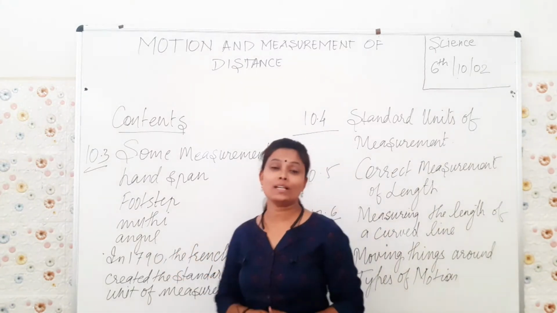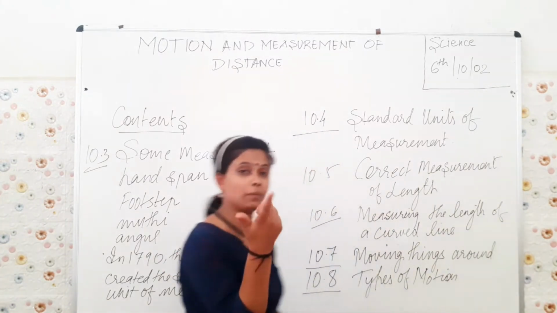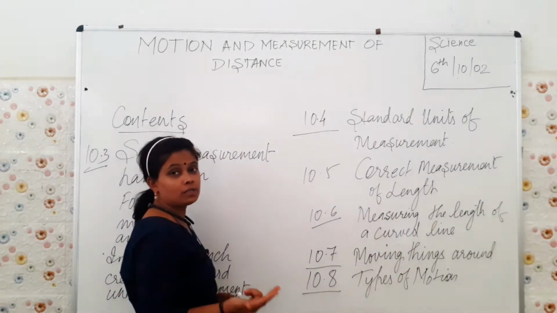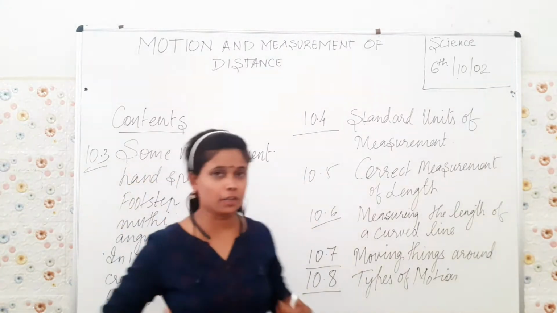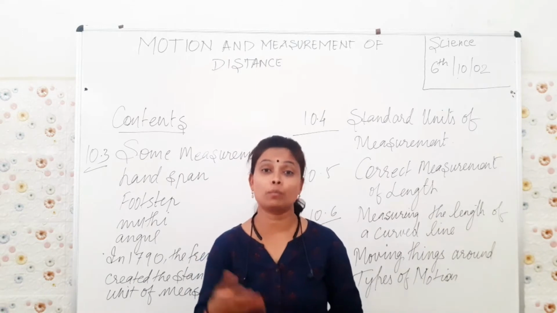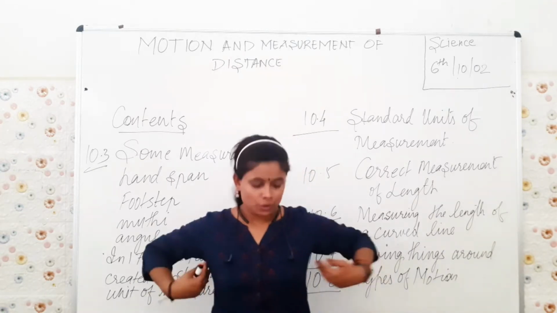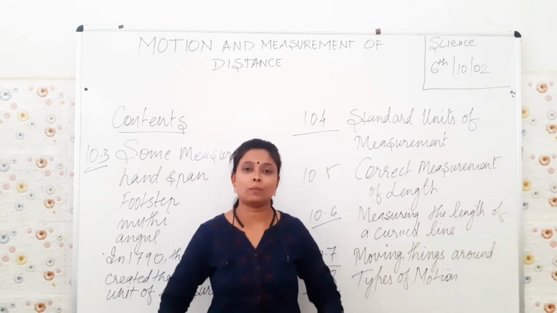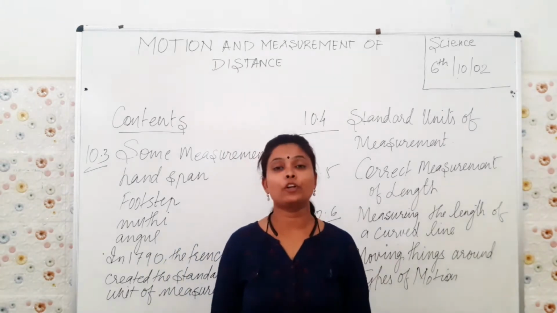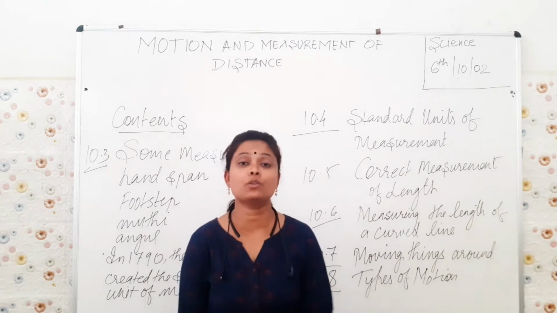Then angul. What is angul? This is a finger measurement. Suppose you have gone for stitching a suit, your mother would have gone, or even you, for a shirt. You wear it and you find a problem in the fitting of your dress. Then what can you say to the tailor?